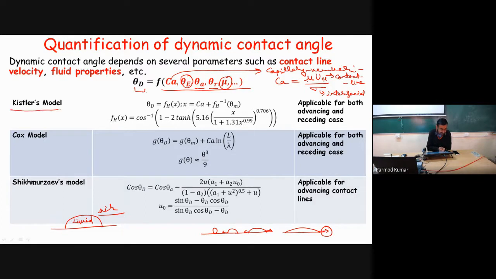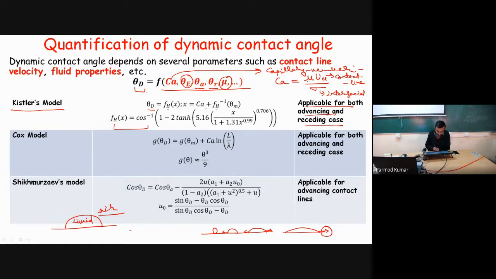One of the very famous models is Kistler's dynamic contact angle model, according to which the dynamic contact angle is the Hoffman function of x, where x is the capillary number plus the reverse Hoffman function of theta m, and the definition of the Hoffman function is given here. This type of equation is applicable for both the advancing and receding case.